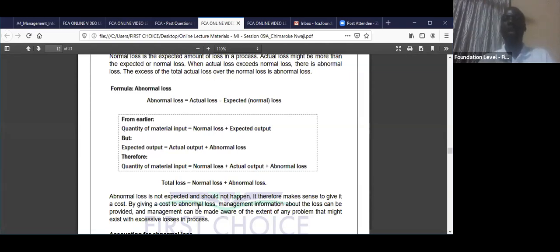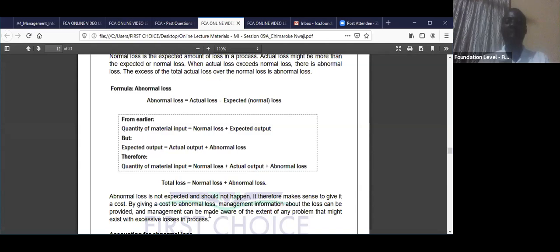Unlike normal loss, which is expected and you may not recover it, abnormal loss is not expected. So when it happens, it means that you have lost something and you have to give it a value. By giving a cost to abnormal loss, management information about the loss can be provided.